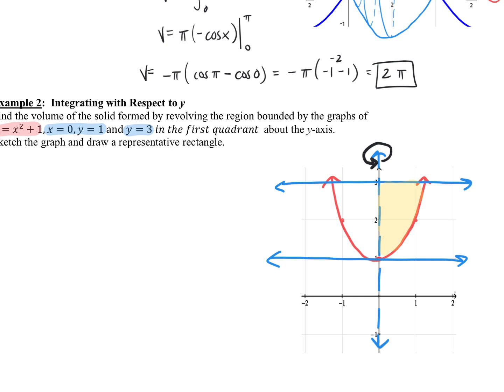So we are rotating this highlighted region around this y-axis, which we're going to create another dome type shape here. Here's my cylinder, and it's going to look something like this. Okay, it's a dome, but it's sitting on its vertex, okay?